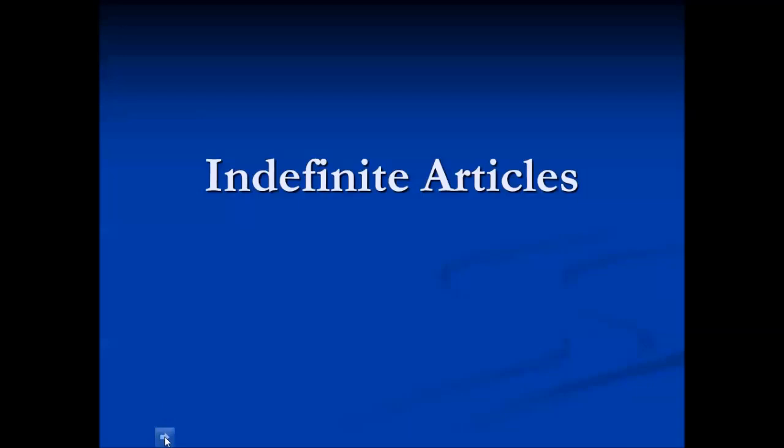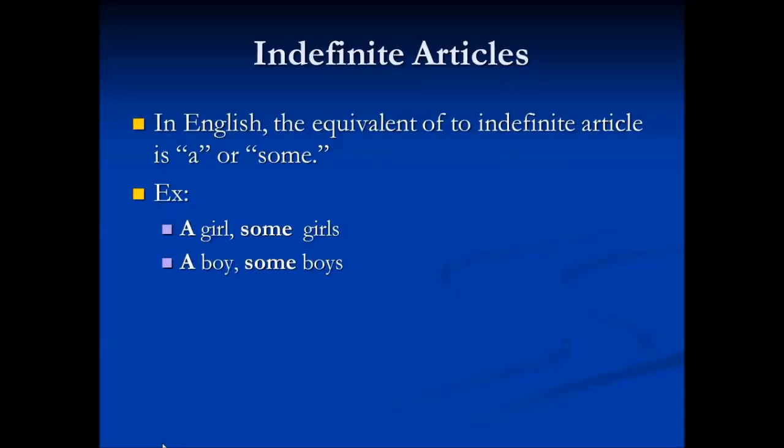So indefinite articles now. So the indefinite articles are like a for singular, and then we have some to make it plural. You can have a girl, we can have some girls. Some being plural. Have a boy, being singular, or we have some boys being plural.